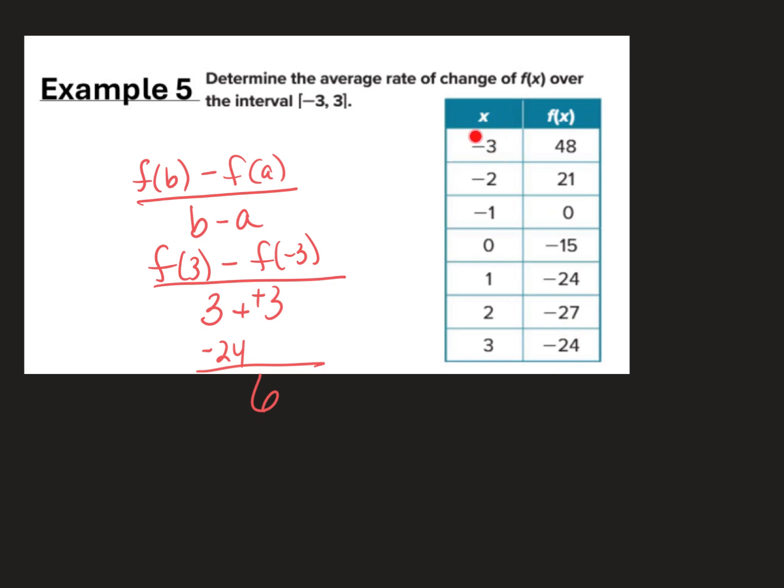Well, when x is negative 3, y is 48. So minus 48. Next, I'll do the numerator. Negative 24 minus 48 is negative 72. Please tell me if I'm wrong. I'm pretty sure that's right. And then negative 72 divided by 6, I'm pretty sure that is negative 18.